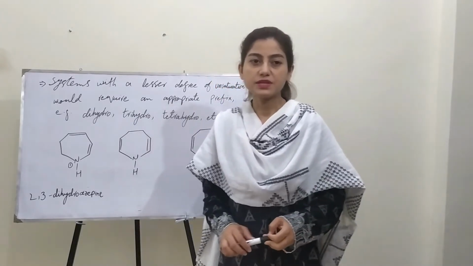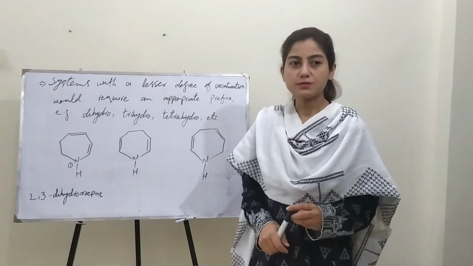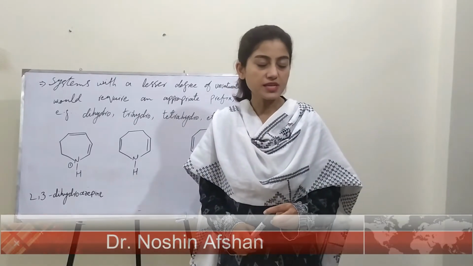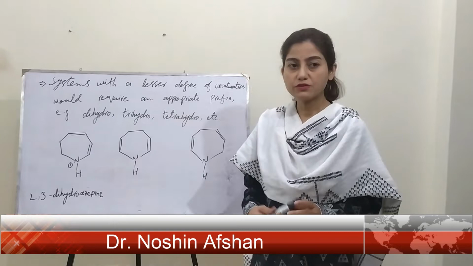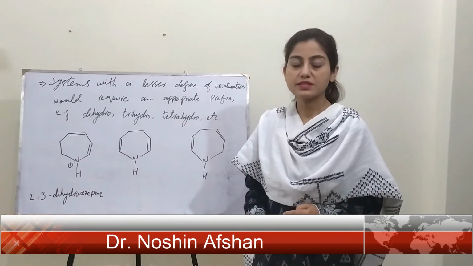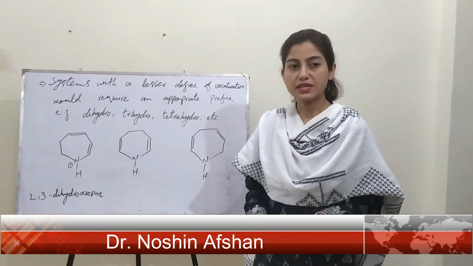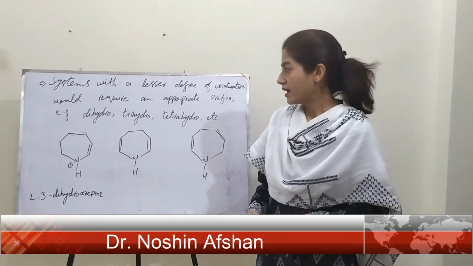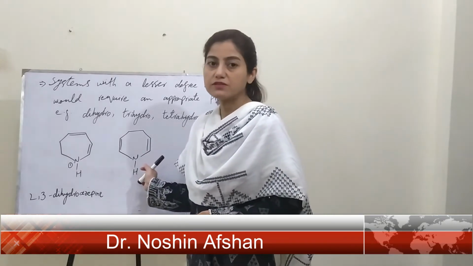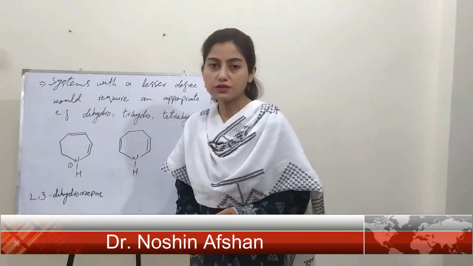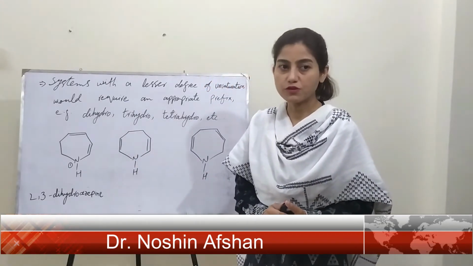So now let's begin. Our today's lecture is about nomenclature of heterocycles. In the first lecture, we have seen Hantzsch-Widman nomenclature. And now, in this video lecture, we will focus on a set of rules according to that system of nomenclature.